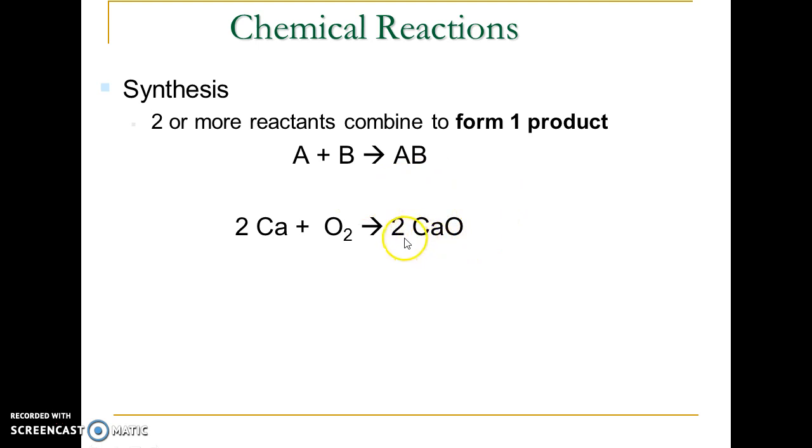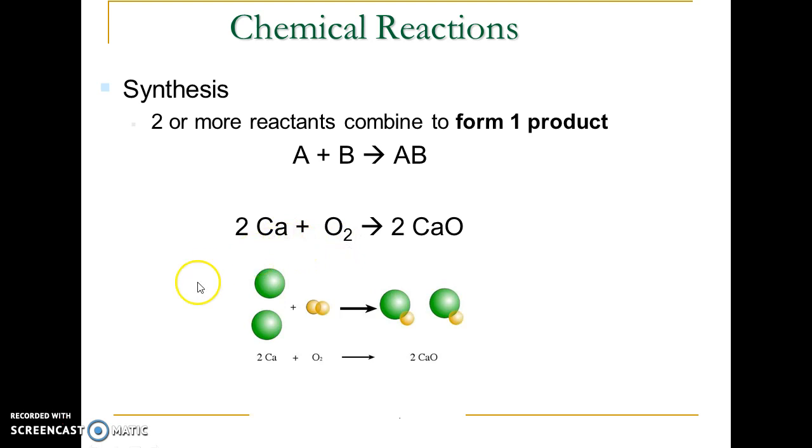It does not matter what your coefficients say or what your subscripts are. The only thing that we are concerned about is how many reactants and products you have. Here is a visual to help you with your synthesis reaction. Here we have our 2 calcium atoms combining with our 2 oxygen atoms.